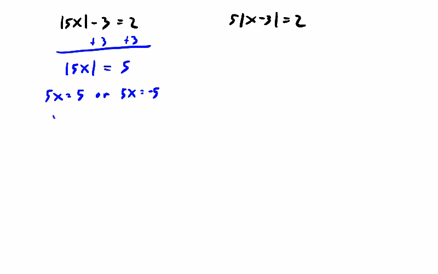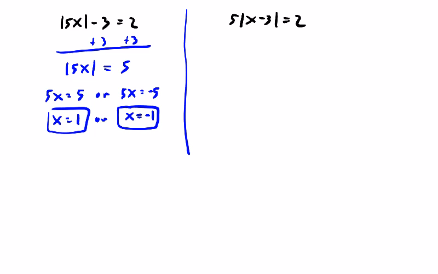Clearly in the first case, x would have to be 1. In the second case, x would have to be negative 1. So x could be 1, or x could be negative 1. Both of those make a true statement out of the original equation.